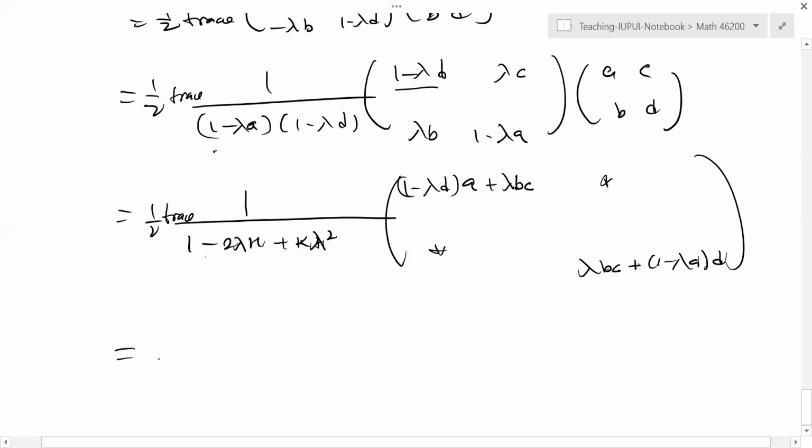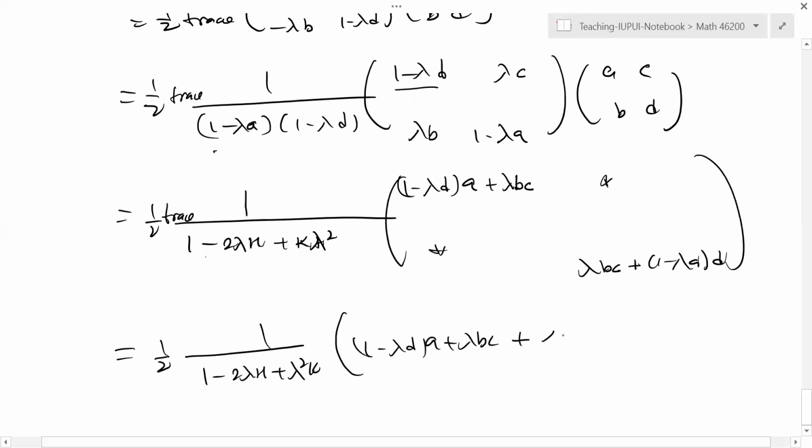This is going to be the trace. I add them together on the diagonal, right? So I have 1 minus lambda A plus lambda BC plus lambda BC plus 1 minus lambda D.